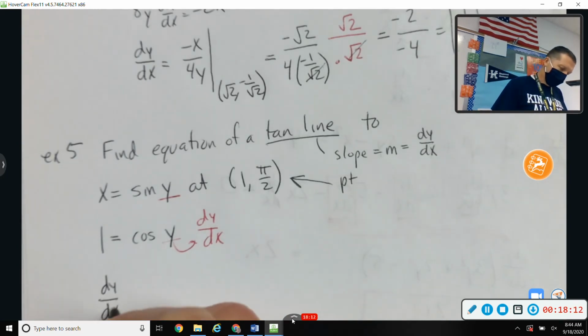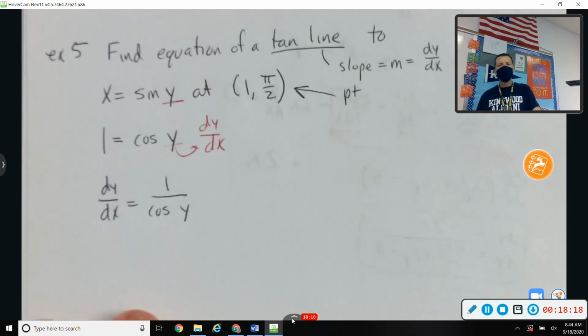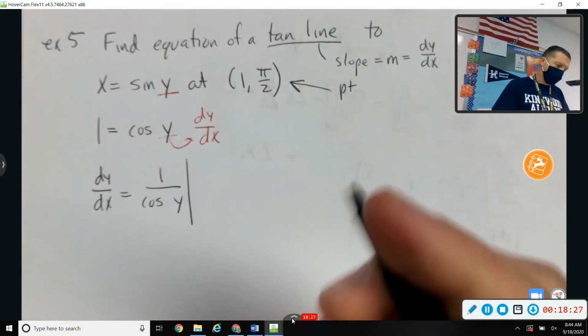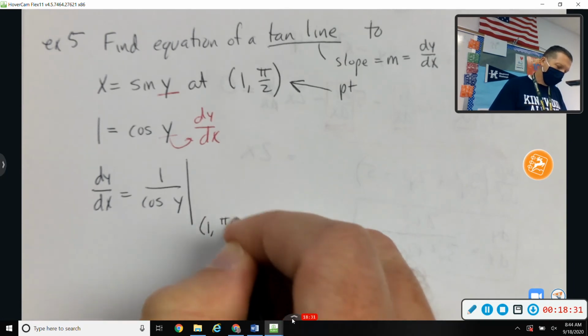So dy dx equals 1 over cosine of y, which is secant, but no one's going to change that to secant because you don't really evaluate secant. You'd have to flip it right back to cosine. So just leave it as cosine at 1 comma pi over 2.